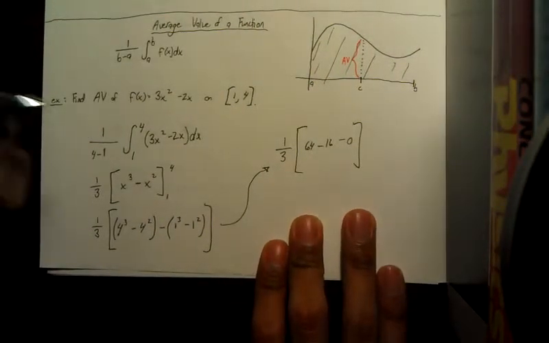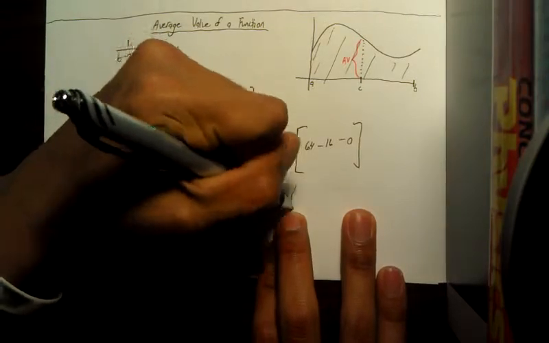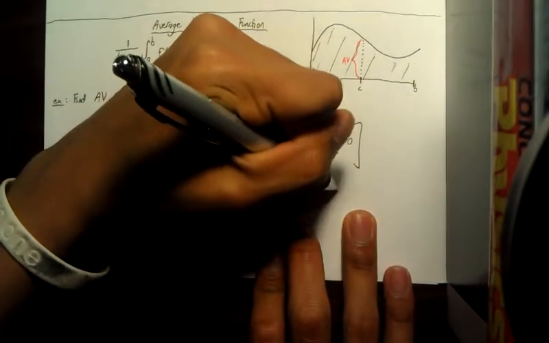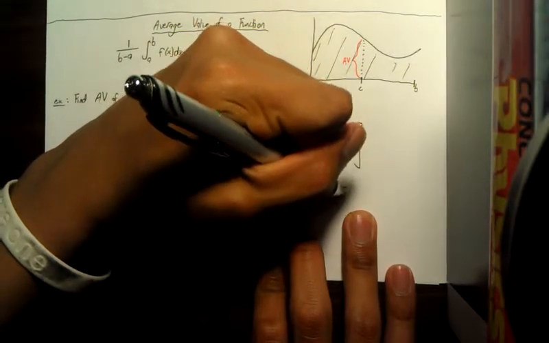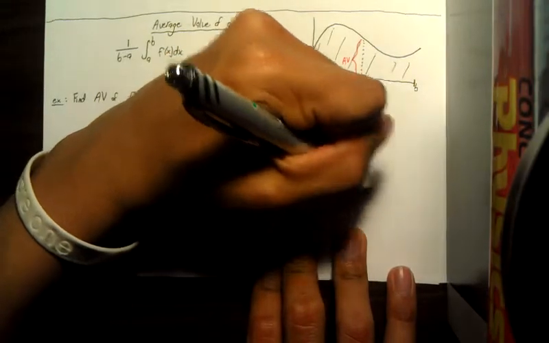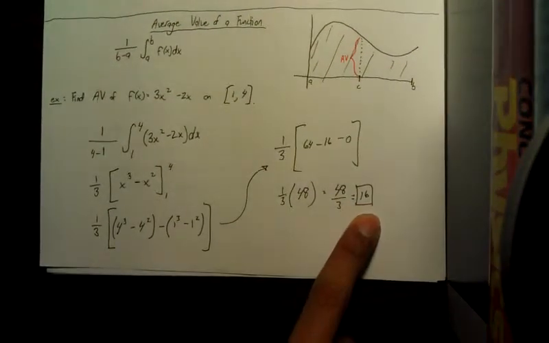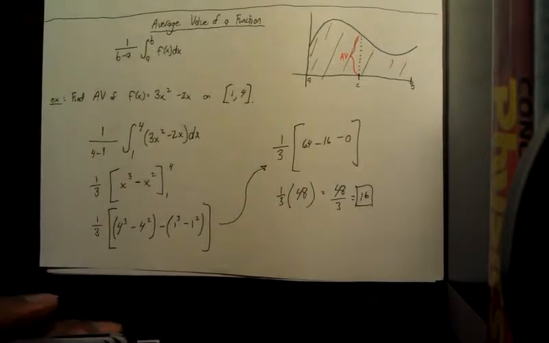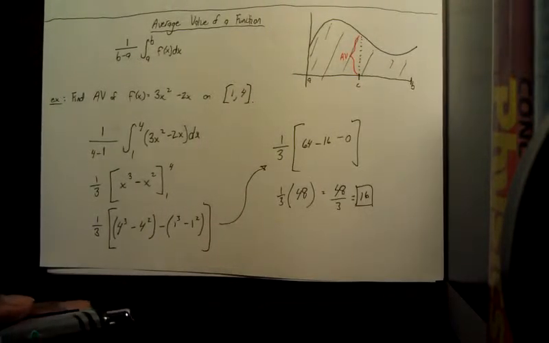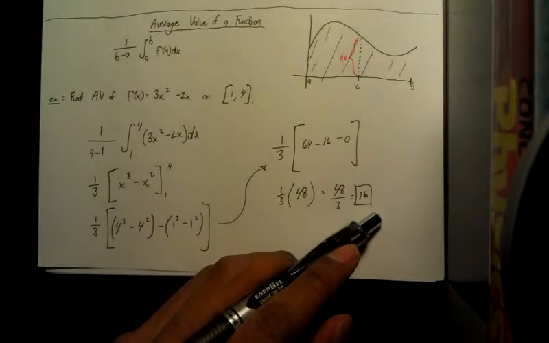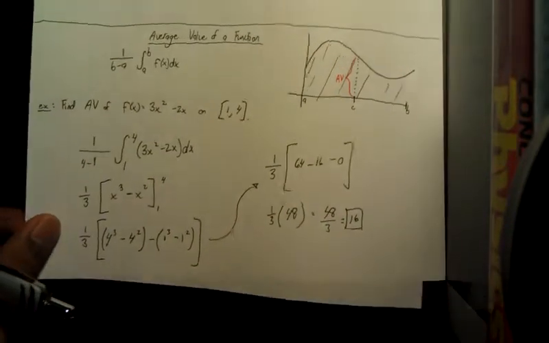So you've got 1/3 times 48, that gives you 48 over 3, and that equals 16. So that would be your average value of the function. In the case of my explanation in the beginning, that would be the height at which the water would settle.